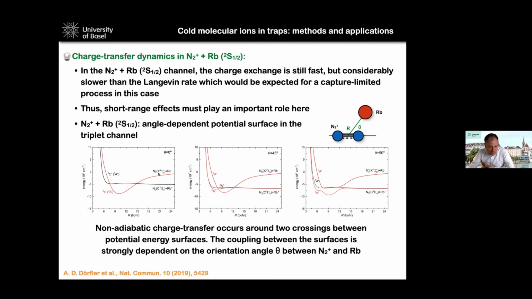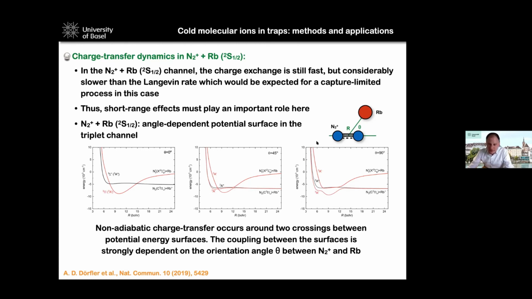And in this case, one really has to start looking at the potential energy curves again and how the states interact with one another. And it turns out that with N2+ plus rubidium in the ground state, we have the case where we come in on this red potential curve, right? And then it turns out that this curve intersects with a charge transfer state. And around these intersection points, again, we can have non-adiabatic charge transfer.